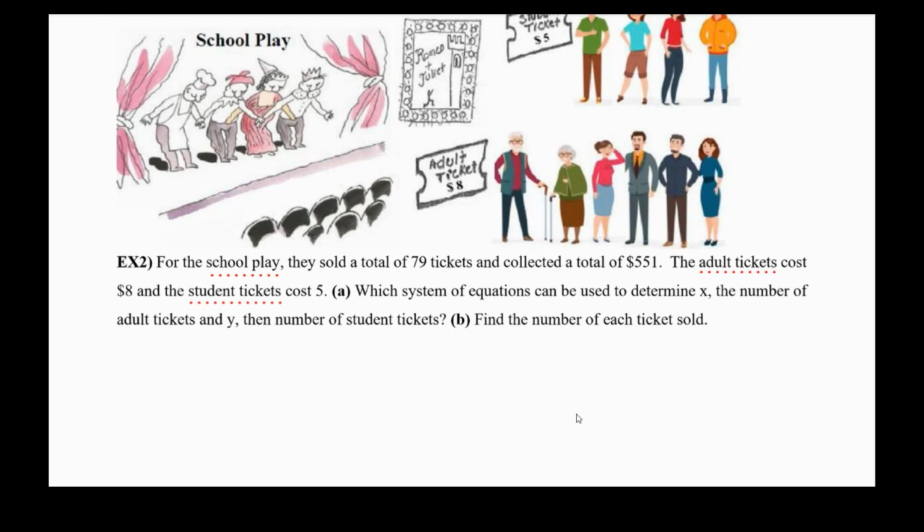Very well. So let's go ahead and start by writing variables. And remember to look out for the question, and oftentimes you're going to find the variables there. And in this case, we found that X is the number of adult tickets and Y is the number of student tickets.